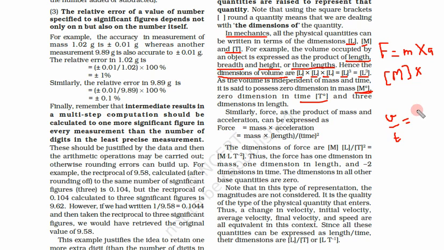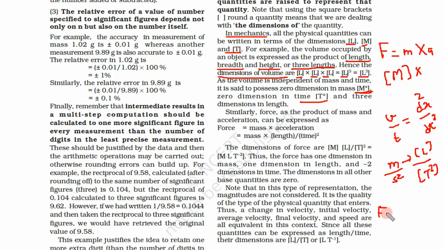Velocity is again distance traveled upon time, so acceleration is d2x upon dt square, distance traveled upon time square. What are the units of acceleration? Meter per second square. Meter is the unit of length, and this is time. So force is mass into length upon t square.